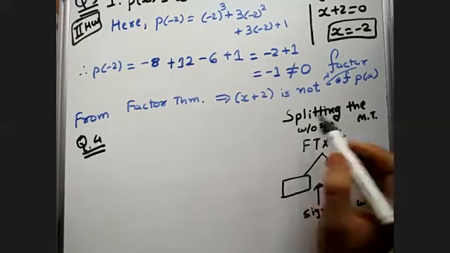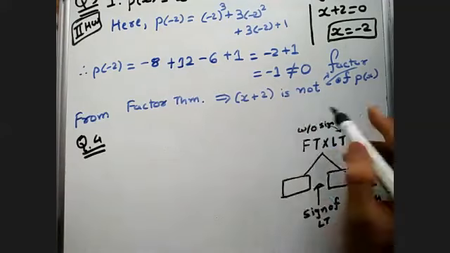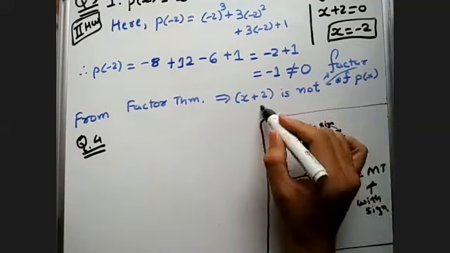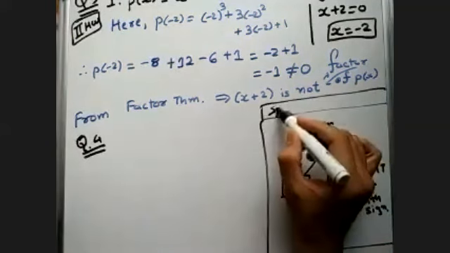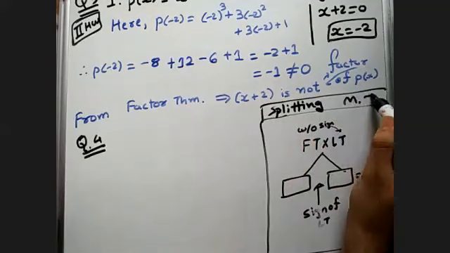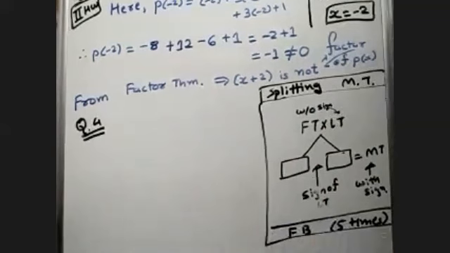So this portion is called splitting the middle term. In splitting the middle term, you have to follow this chart. You have to write this in the formula book 5 times, both the new as well as the old students.